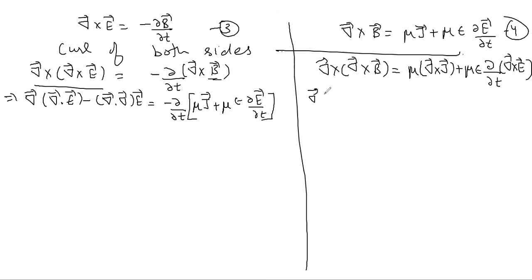You will have del dot B minus del dot del B equals mu times J, and J is nothing but sigma times E, right?